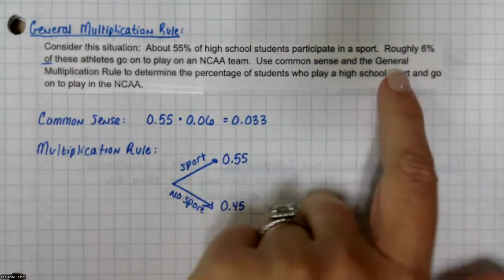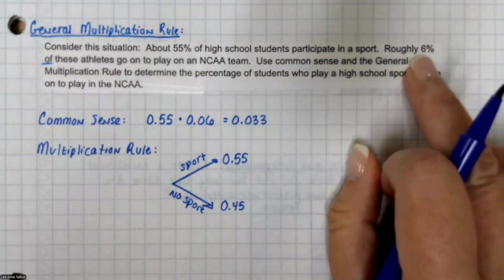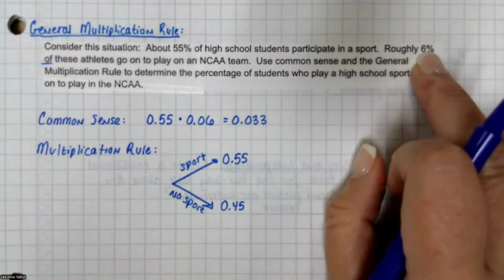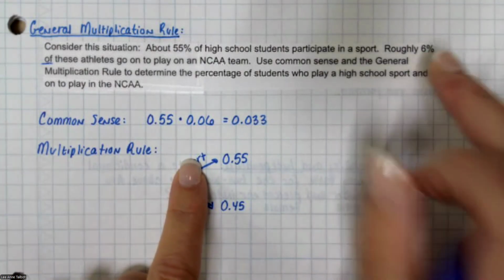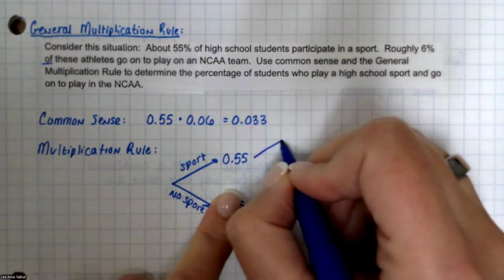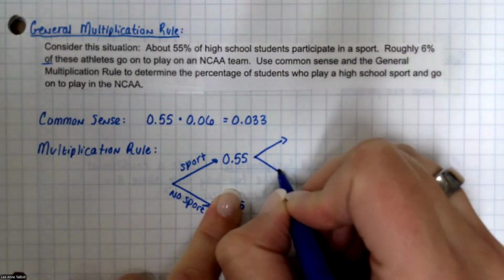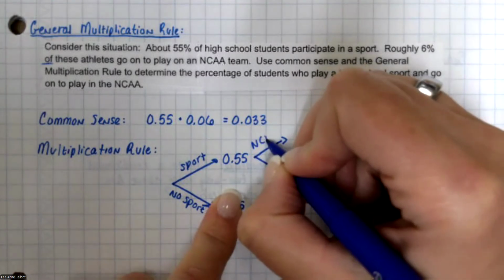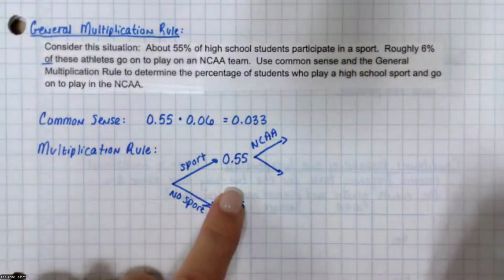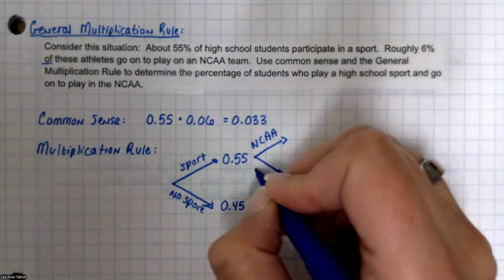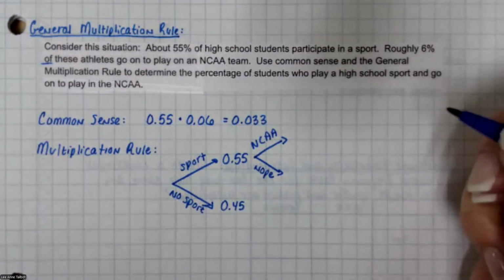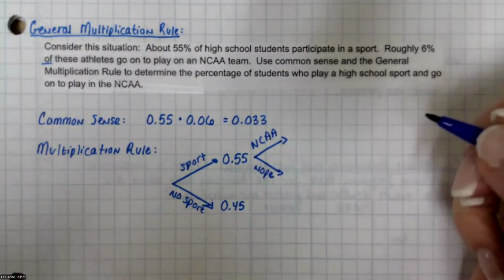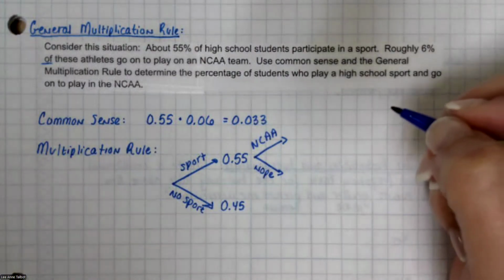Okay, now this 6% is a conditional probability, meaning it's conditional on the fact that they play a sport. So 6% of those go on to play in the NCAA. I'm just going to put nope on the bottom. I should put NCAA complement, but I'm not going to do that.